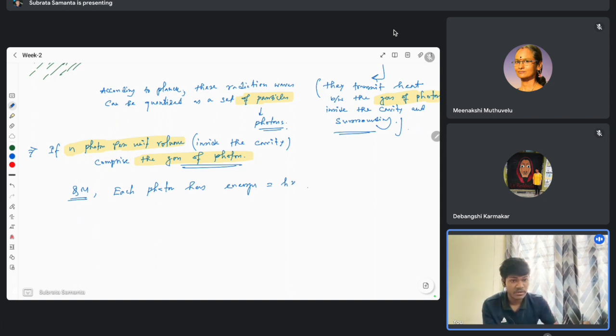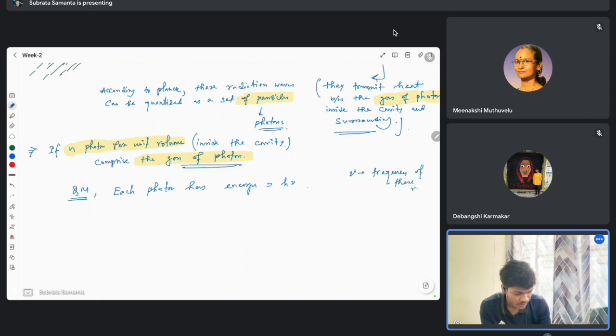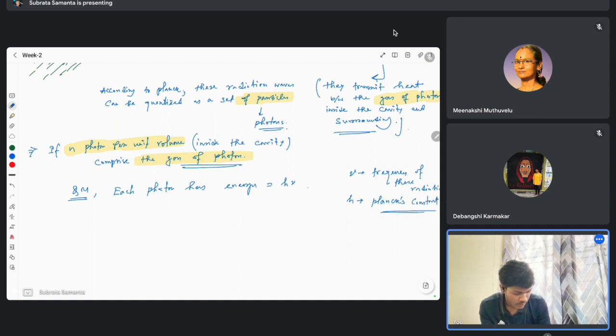Nu is the frequency of this radiation, and h is the Planck constant.